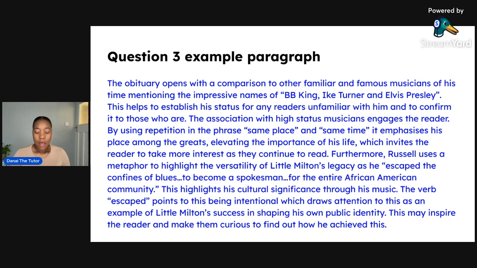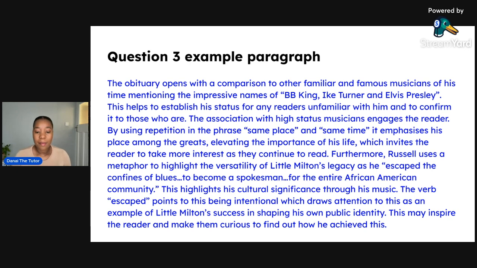So here you can see that I have looked at the writer's use of different techniques, okay? We've got repetition. We also have a mention of the use of verbs, okay? So these are techniques that you would be familiar with in a fiction text, for example.